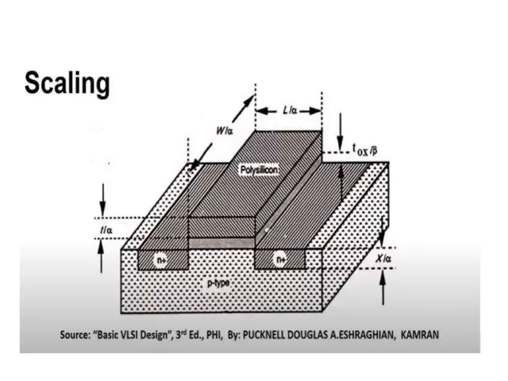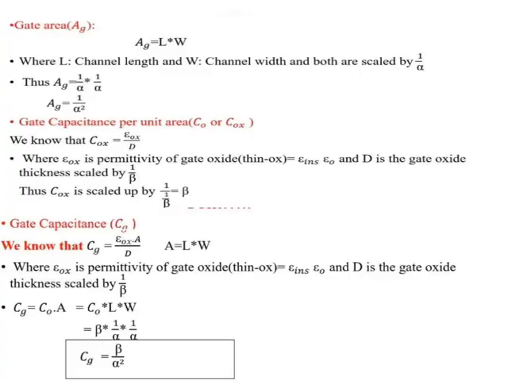So thereby, now let us consider one by one the different parameters, how they are getting affected by the scaling process. So first consider the gate area, which is a product of length and width, channel length L and channel width W. Both are scaled by 1 by alpha.